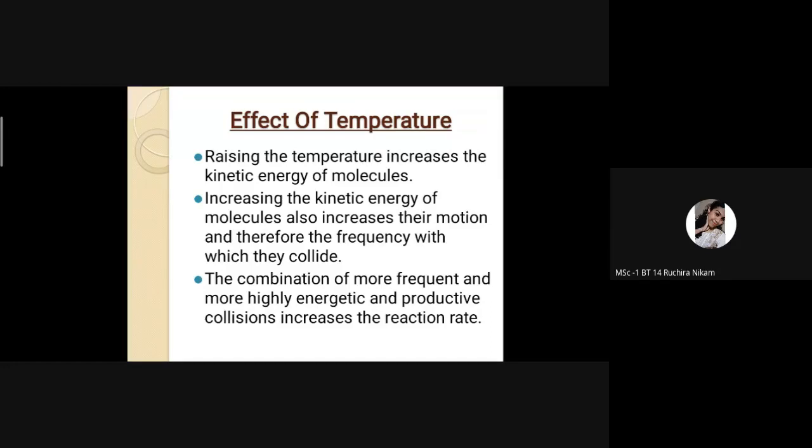Most of the enzymes have maximum activity in the range of 30 to 45 degrees Celsius. Above 45 degrees Celsius, the enzyme activity is drastically reduced, and beyond 60 to 70 degrees Celsius, the enzymes will show no activity since they are denatured.